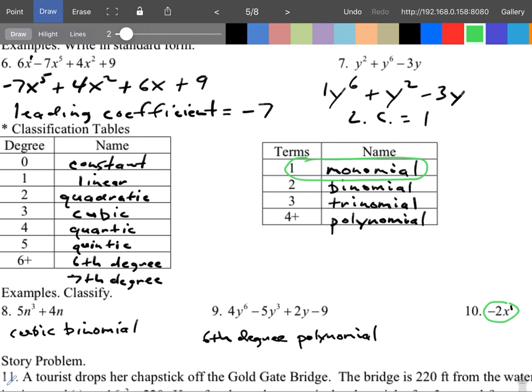That means it is degree 1, so it's linear. So number 10 is a linear monomial.